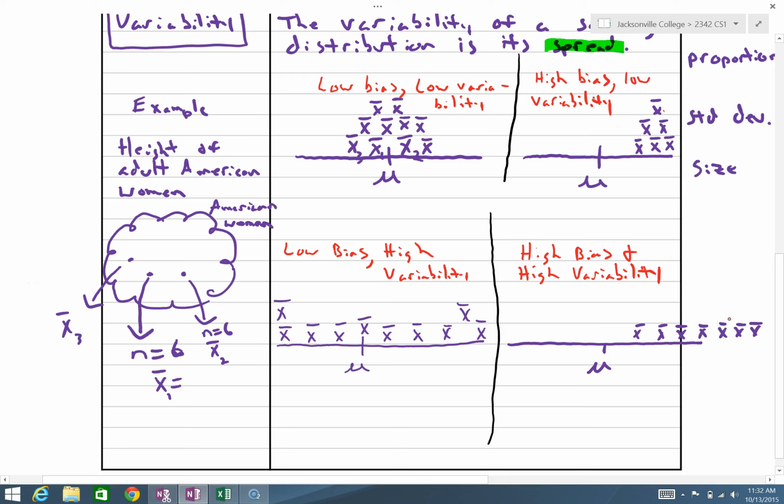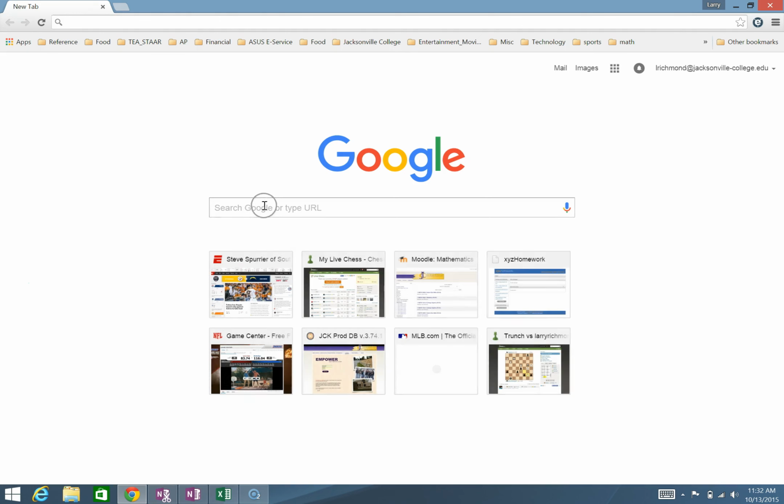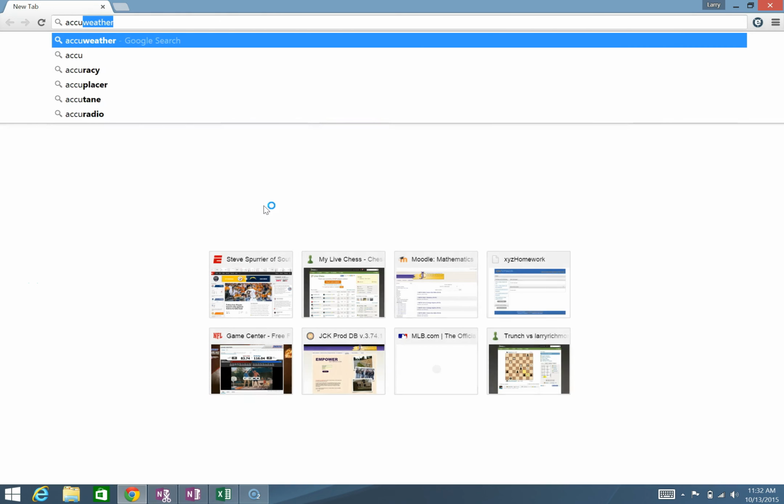All right, this situation of bias and variability is analogous to a concept you've studied previously in science, most likely. Now I'm Googling accuracy and precision.